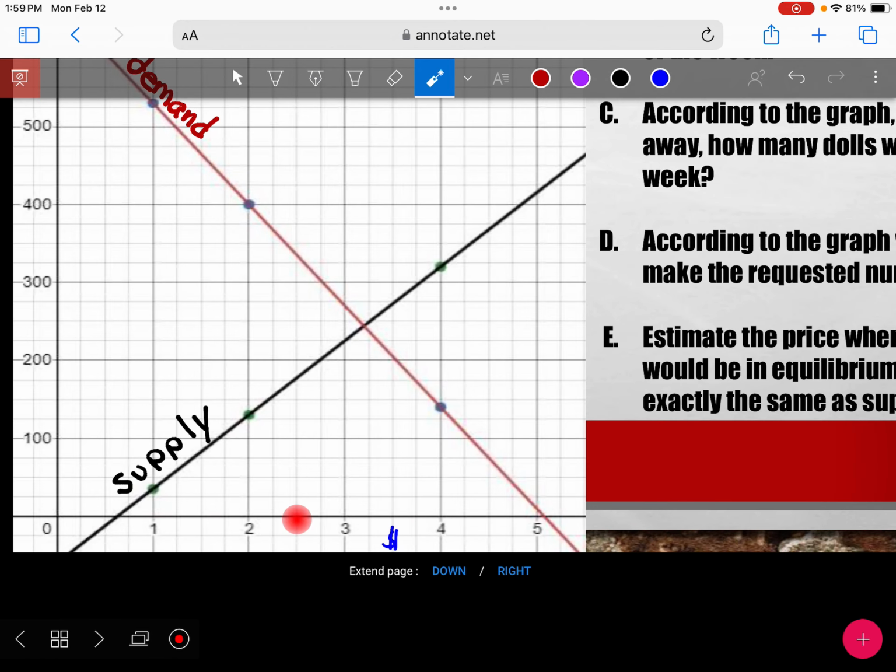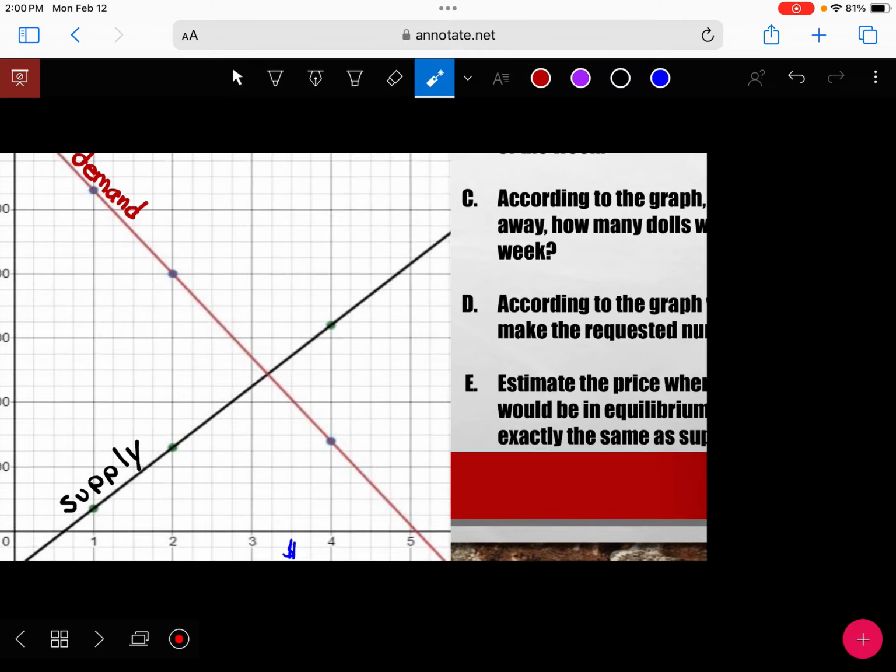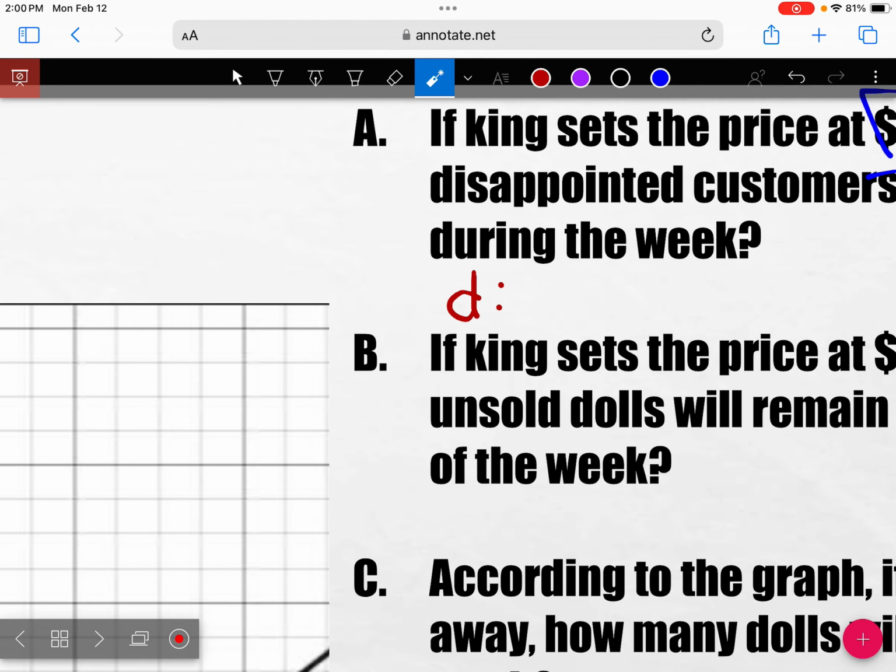Yeah, a little more than 300. Yeah, maybe 350, maybe 325. Depends on how good our graph is. So let's go like 325-ish.